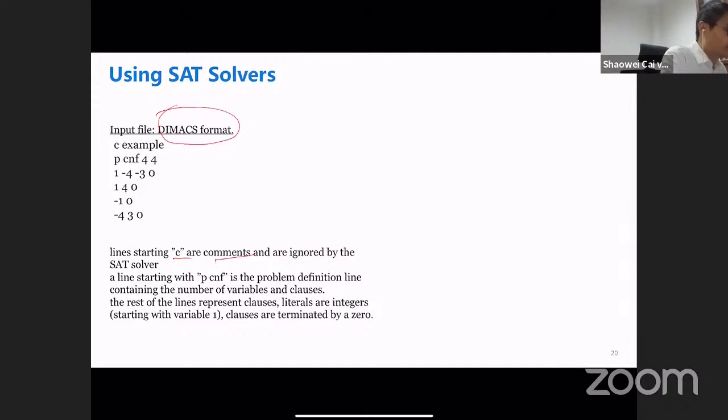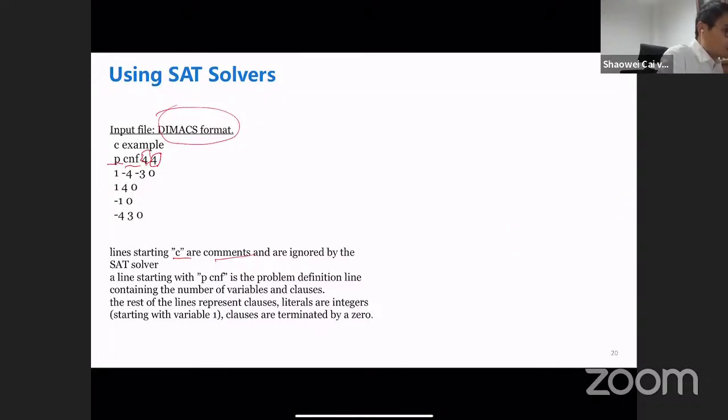There is exactly one line starting with the character P, followed by CNF and then 2 integer numbers. This is the problem definition line: the first number is the number of variables, while the latter one is the number of clauses.